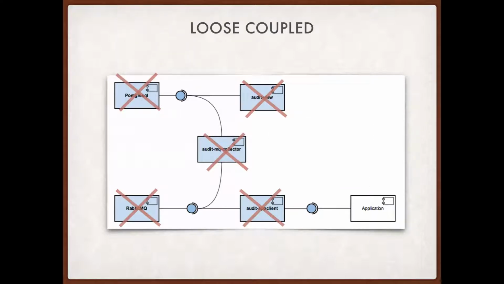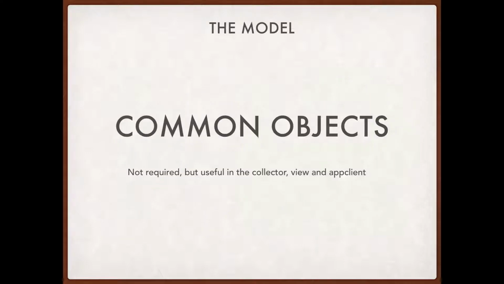So I say that the components are loosely coupled, so you can change everything. You don't need any of the components to do that. I have a component that is the model for the object that will be saved on the queue. It's not required, but it is used in the collector, view and app client.